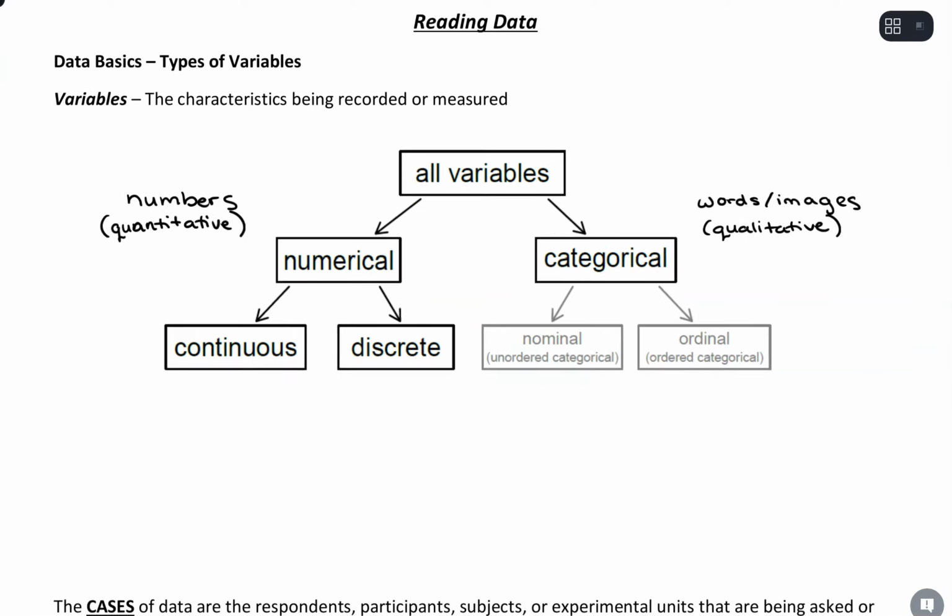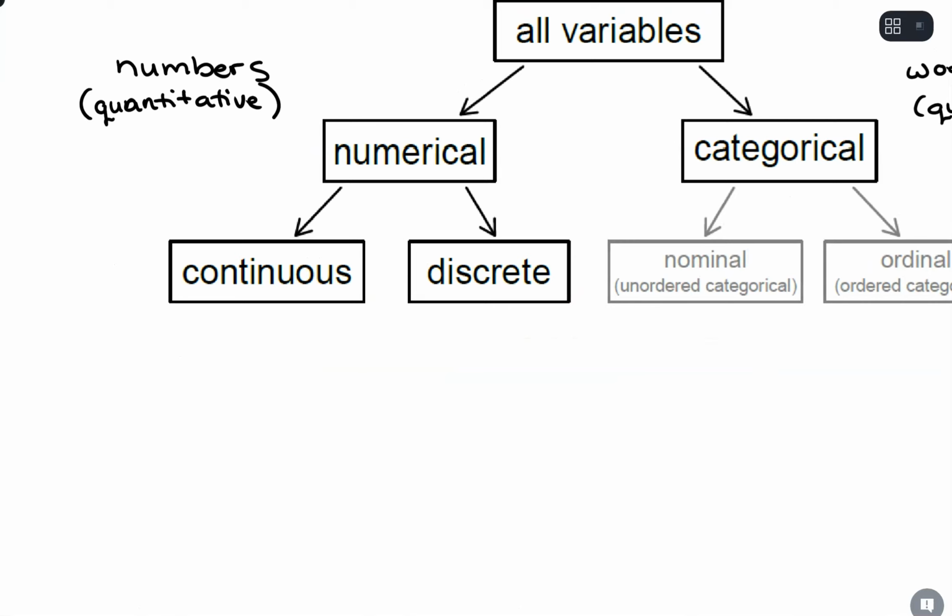So let's look at our numerical variables. Numerical variables branch into two pieces. There's continuous numerical variables or discrete numerical variables. Numerical variables that are continuous, we say are measured.